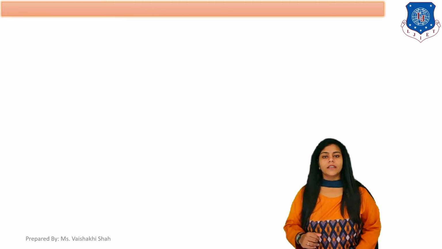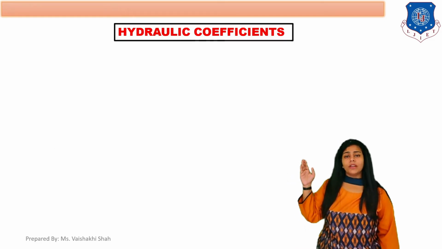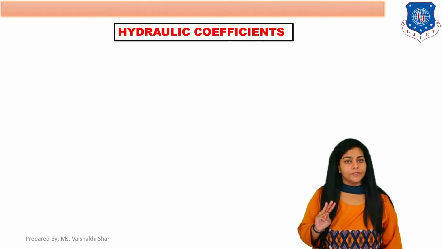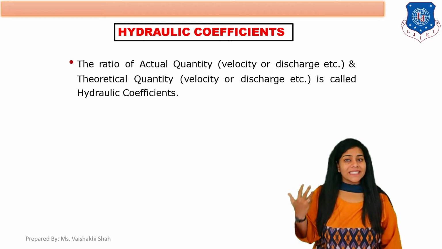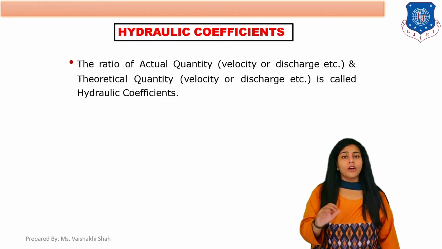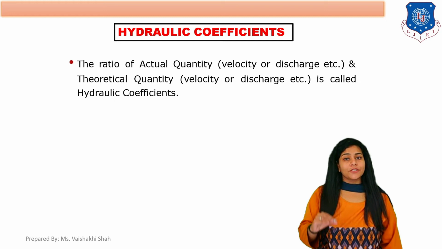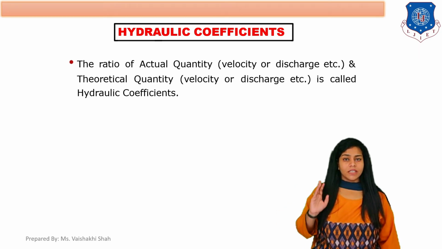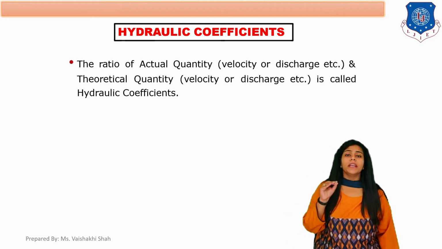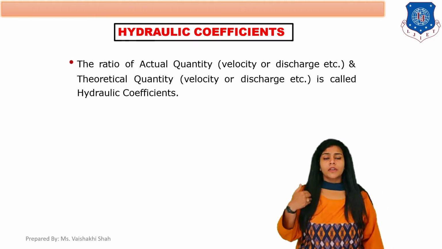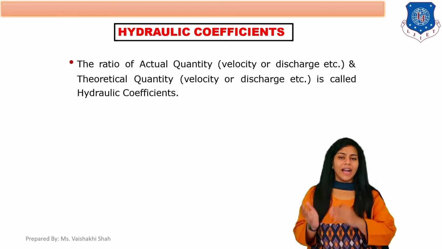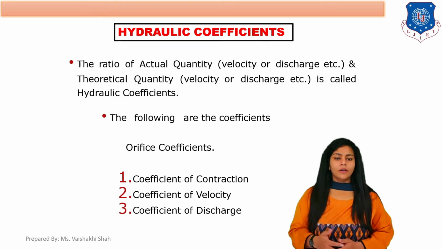So let us start our next topic, which is hydraulic coefficients. Now there are mainly three types of hydraulic coefficients. First of all, what is a hydraulic coefficient? The ratio of all the actual quantities, velocity or discharge or area, anything, to theoretical quantities is called a hydraulic coefficient.